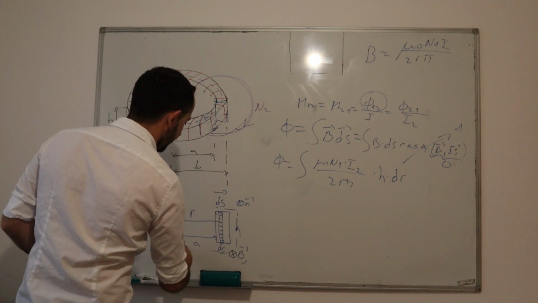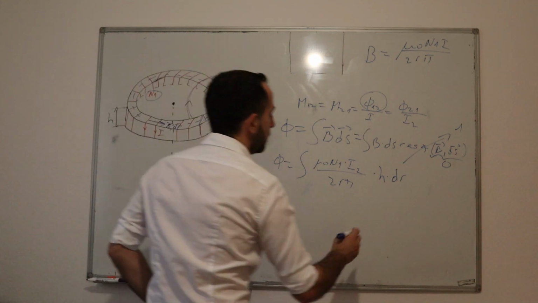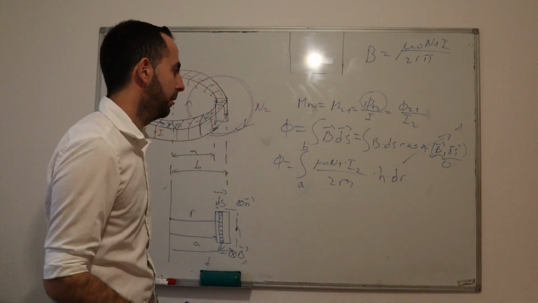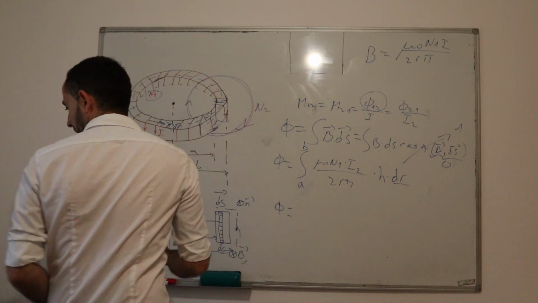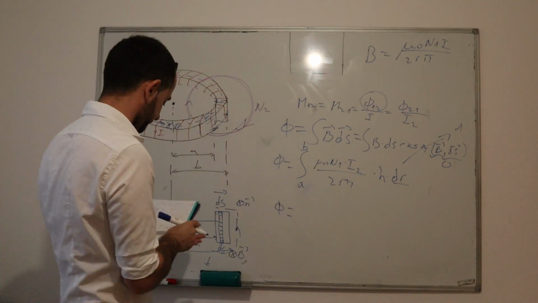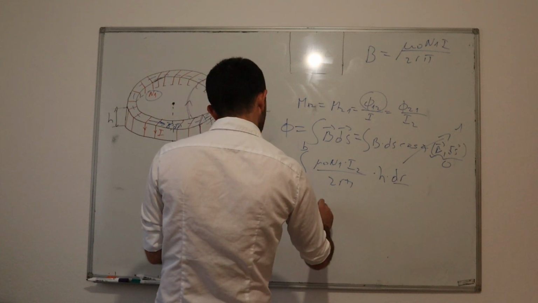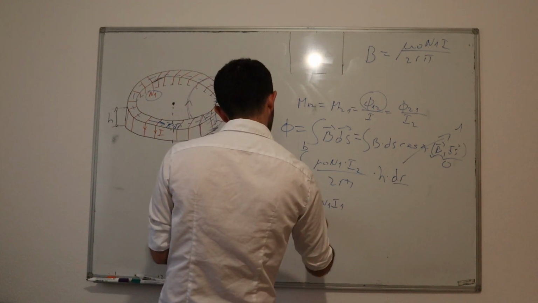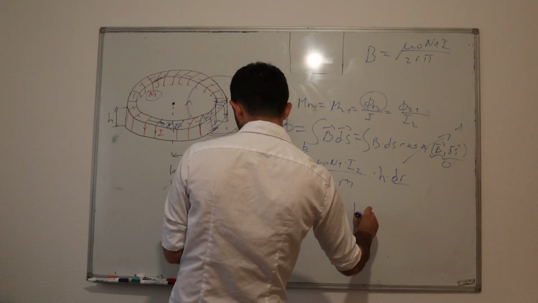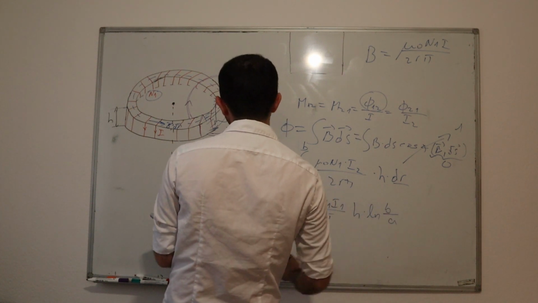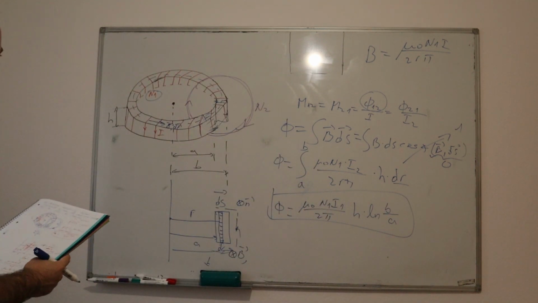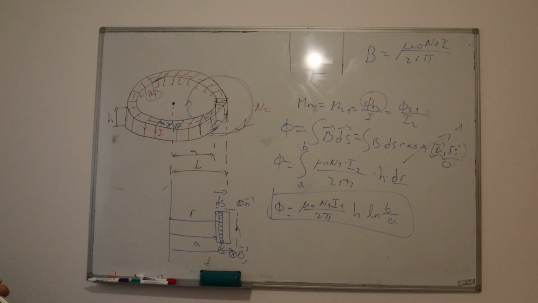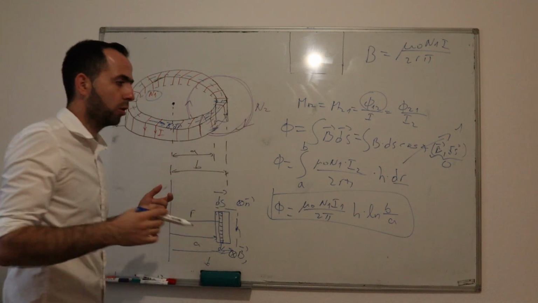So it goes from a to b. So our integral will be dr divided by r, which is a logarithm. And we will get this: mu 0 N1 I1 divided by 2 pi, times h, times the logarithm of b divided by a. So this is the flux through our toroid.